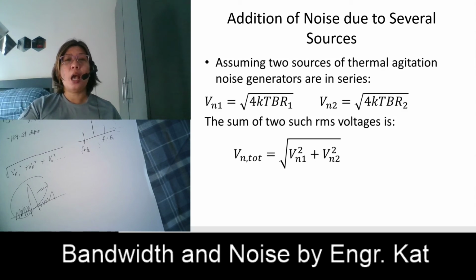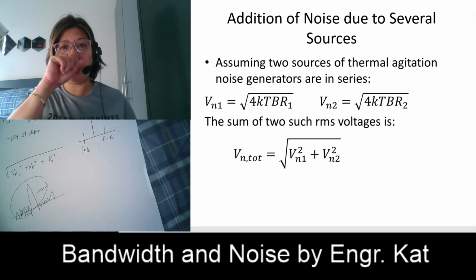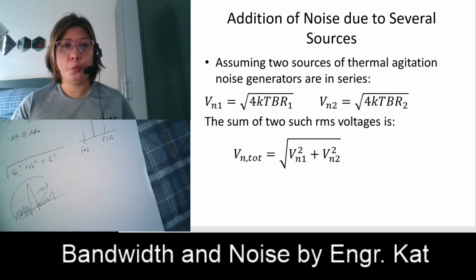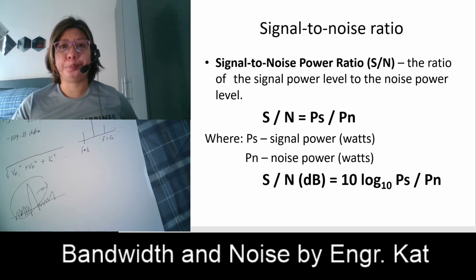Since those noises are in the form of RMS, we do not just add them like what we use in DC voltages. Okay, so we make use of this formula when adding noise due to several sources.